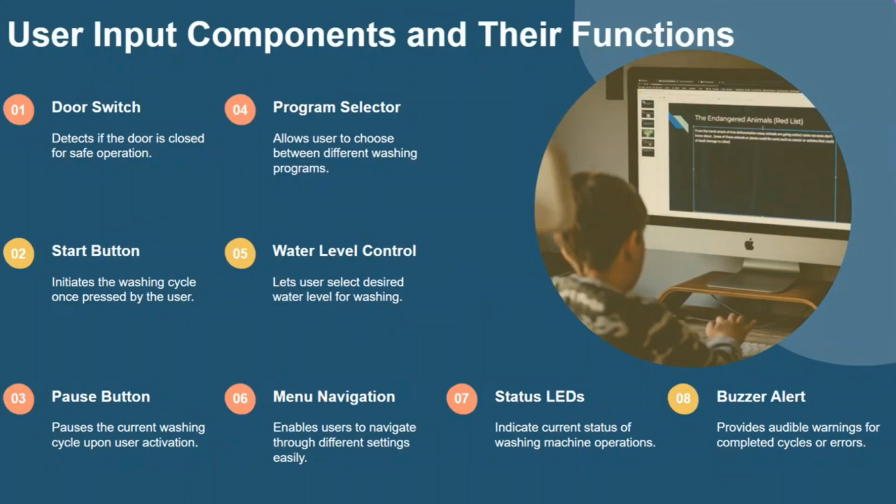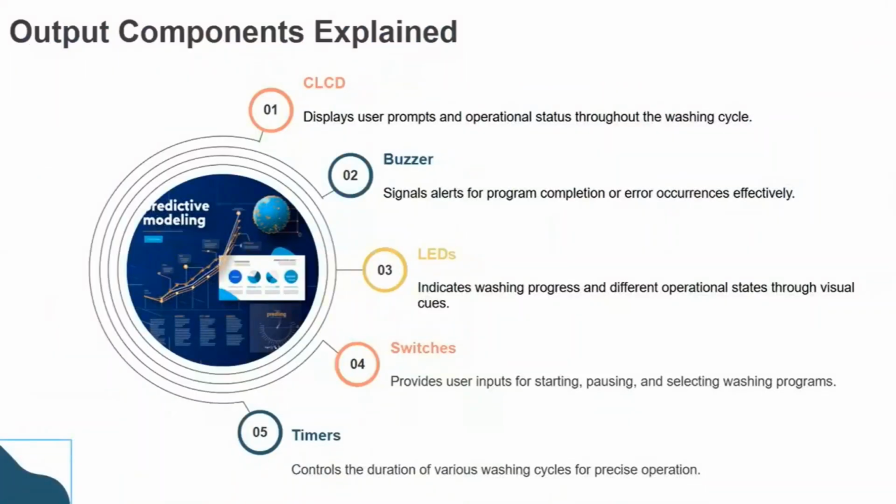The program selector allows choosing between different washing programs. Water level control lets the user select the desired water level for washing. Menu navigation enables the user to navigate through different settings easily. Status LEDs indicate the current state of the washing machine. Buzzer alert provides audible warnings for completion of cycles or errors.